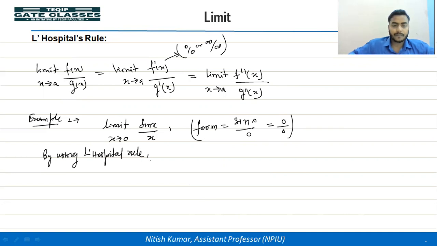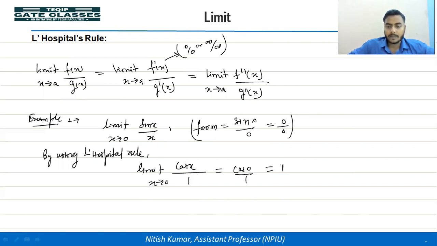Limit will be equal to their differentiation. So sin x का differentiation क्या होता है? Cos x and x is 1. So put the value x equal to 0. So what are we getting? Cos 0 divided by 1. So the limit value we are getting is cos 0 divided by 1, which is 1. Okay.